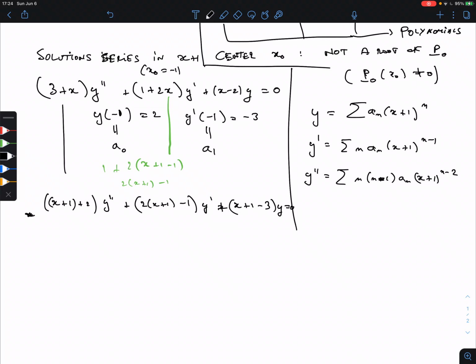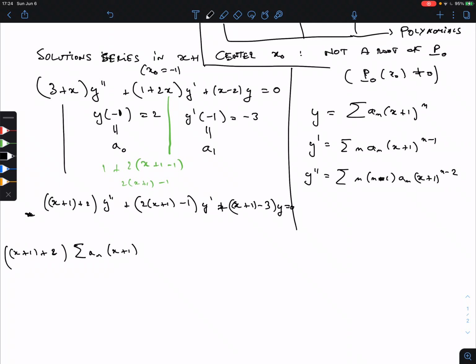This is to make our calculation easier, and you'll see what I mean with that. Because now we're going to plug in, and so we get x plus 1 plus 2, and I keep my x plus 1 in parentheses, although technically that's not necessary, so that I don't accidentally expand.